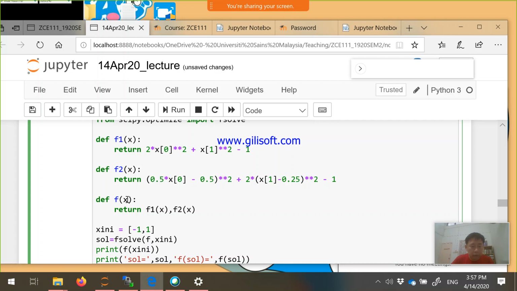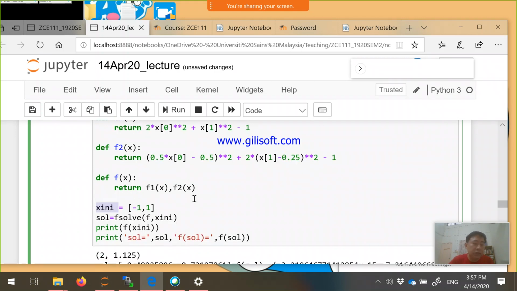So you need to provide your initial guess, then you define your functions in the arguments of fsolve. fsolve admits 2 arguments: the function to be minimized, which has been defined here, and also the initial guess, which is a 2-dimensional array.